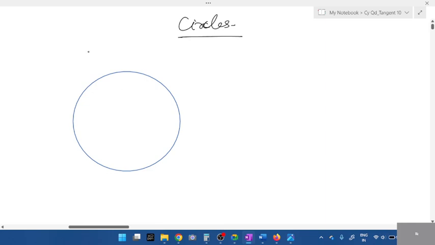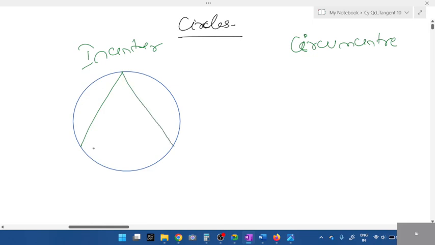I'll tell you what is in center. Look here, students. In center, circumcenter. Okay, in center meaning inside this, a triangle is drawn.